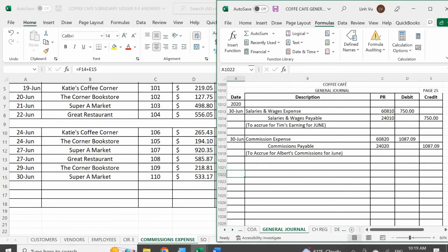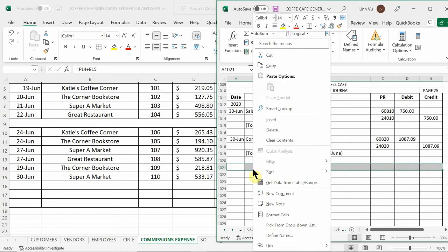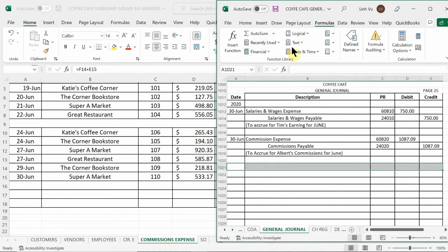So now that we reach the end of my accounting period here, I'm going to save this. And now that you're done with your payroll, you can close your payroll, because you don't need it anymore.